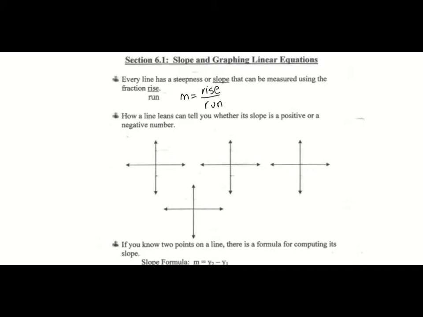Now, when we look at lines on a graph, how our graph is leaning can tell us if it has positive or negative slope, or if it's undefined or if it's zero. So if we have an uphill line looking like this, that is our positive slope. If we have a line going down, that is negative.